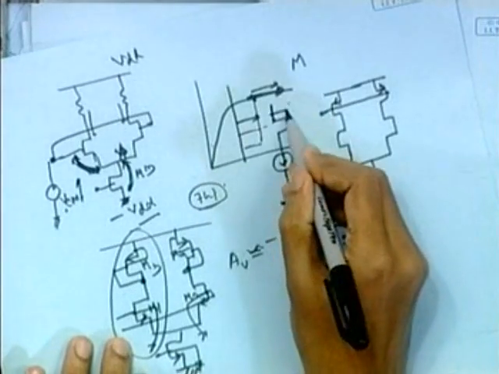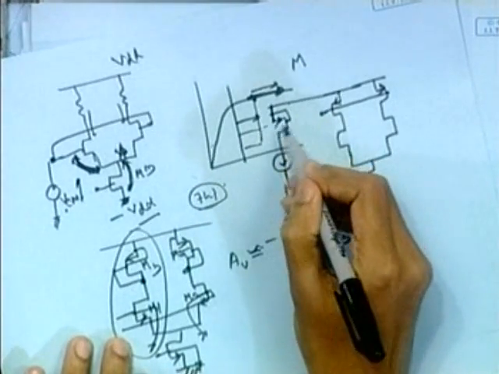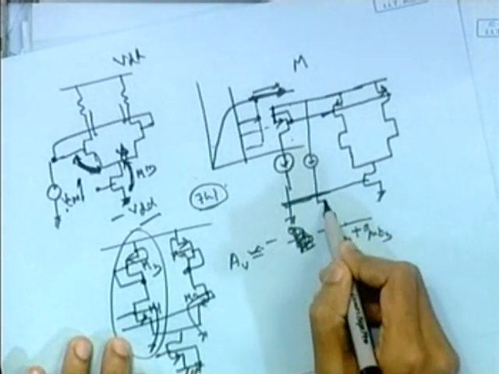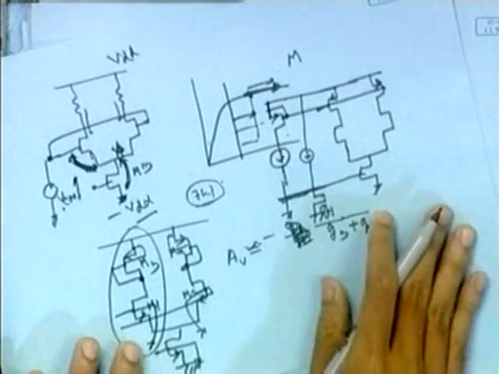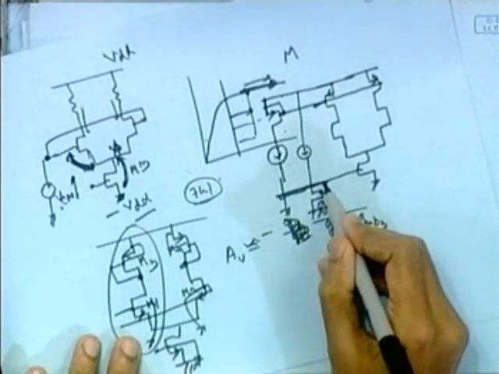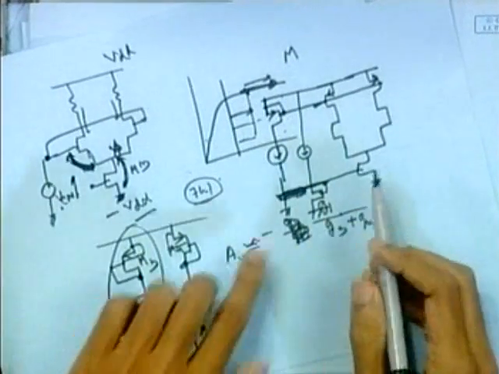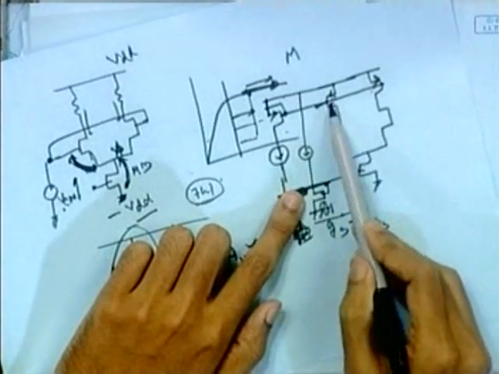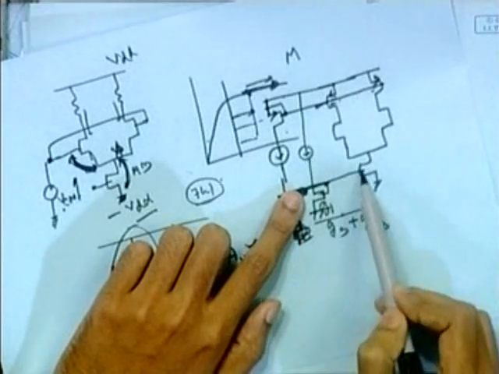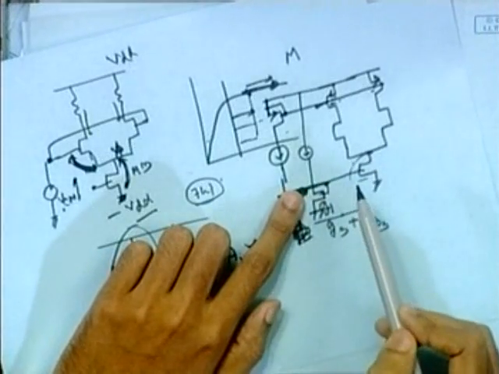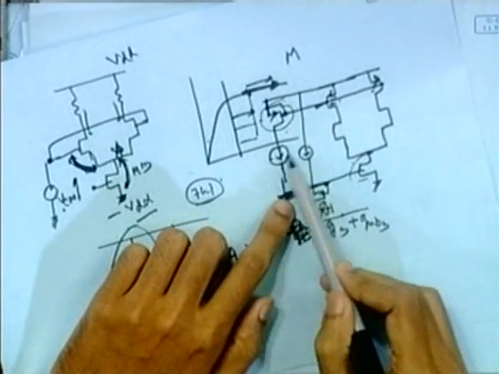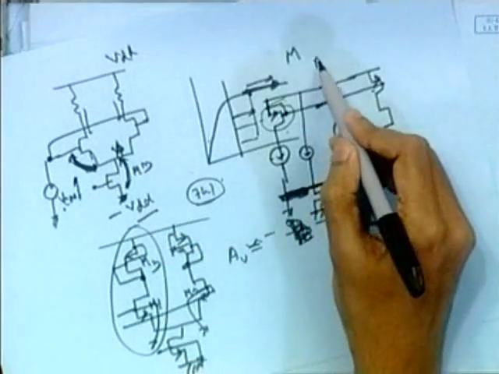So you should have different, one more, it will bias this one. This current mirror will bias these two constant current loads, and this current mirror will bias this one. This is a current source, this is a current sink, and both of these currents are generated by your BGR circuit.